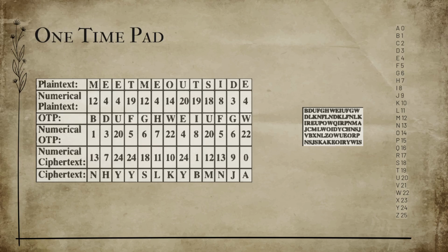Again, if we go backward, then we can decrypt the letters. Do you remember the formula? P equals C minus K. To encrypt, we add the key to plain text, and to decrypt, we remove the key from the ciphertext.